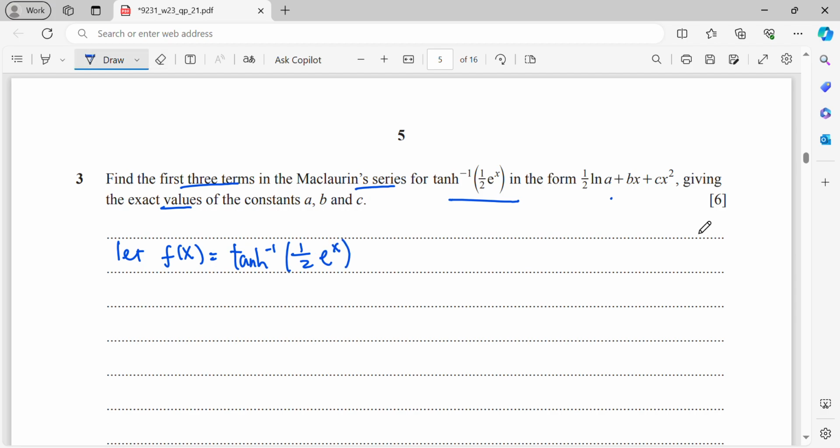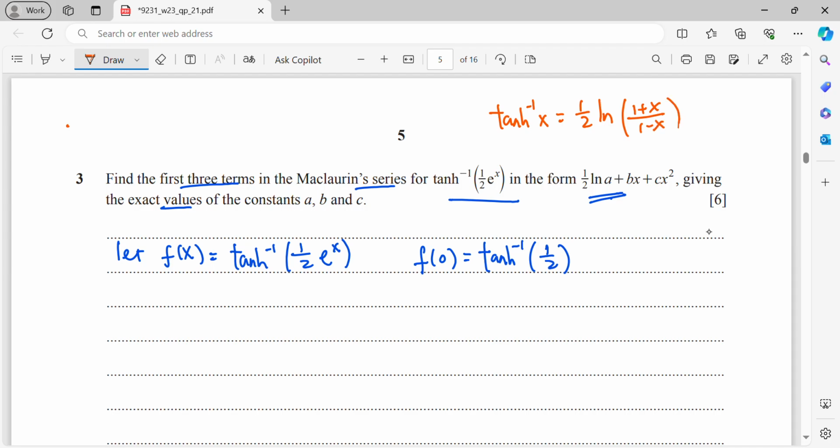Right, so now firstly get f(0). So f(0) I will get inverse hyperbolic tangent of half e to the 0. Half e to the 0 is basically half, because e to the 0 is 1. Okay, so now in order to get the ln here, refer to the formula list. So inverse hyperbolic tangent x is half of ln of 1 plus x over 1 minus x, whereby the modulus of x is less than 1.